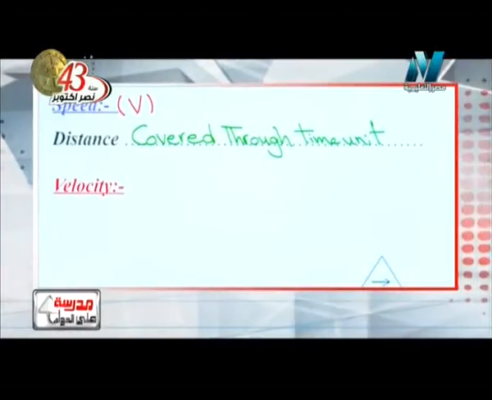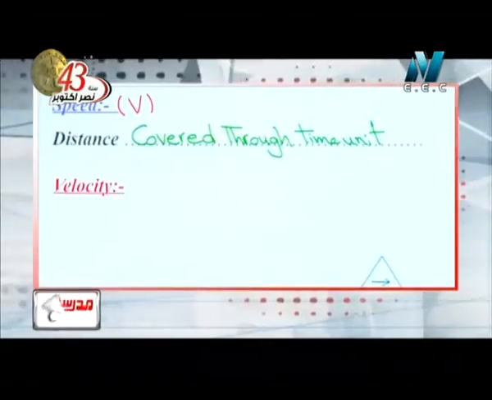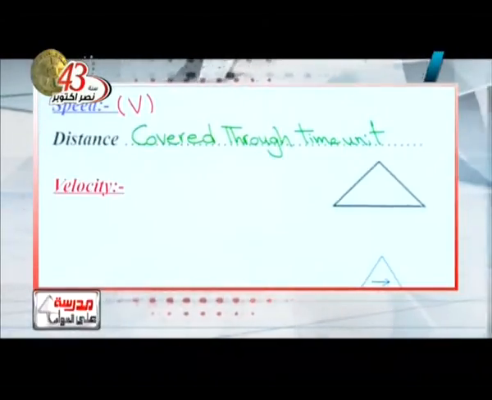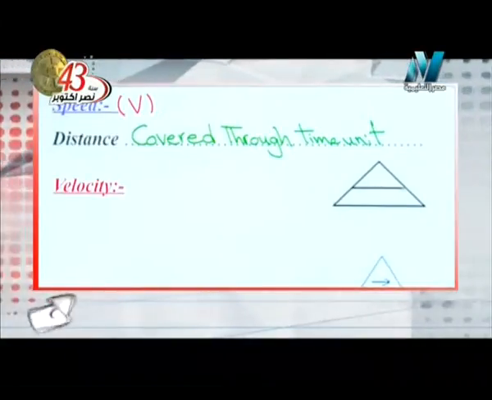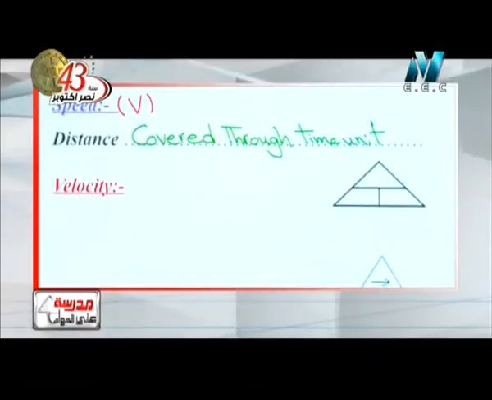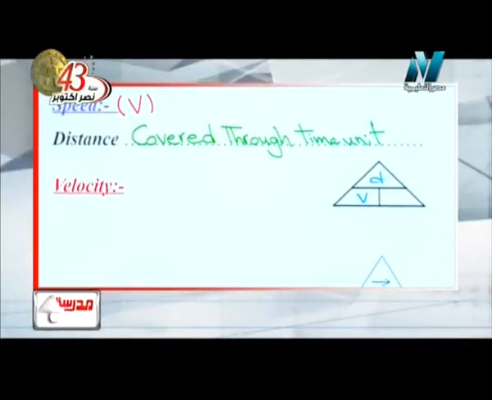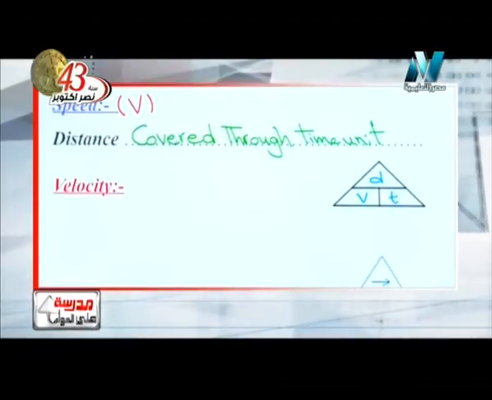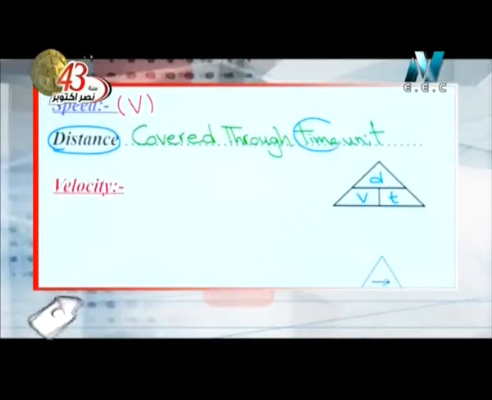So we have a triangle, and we studied it before in lesson 1. We have speed equal what over what? Yes, equal distance over time. V equals D over T, as distance covered through time units.